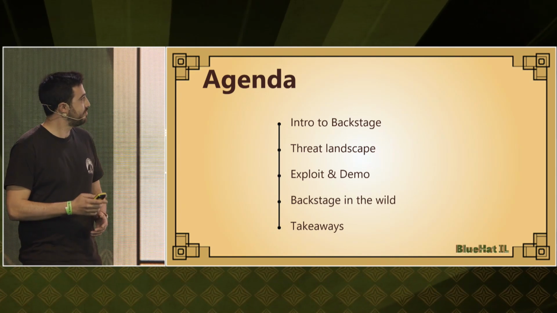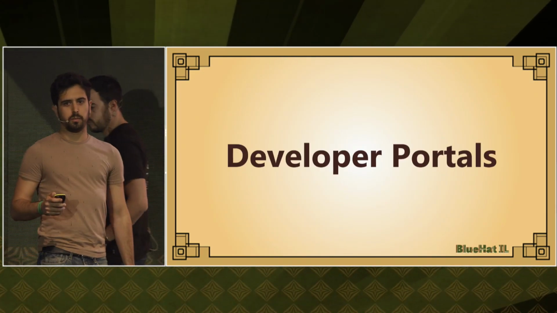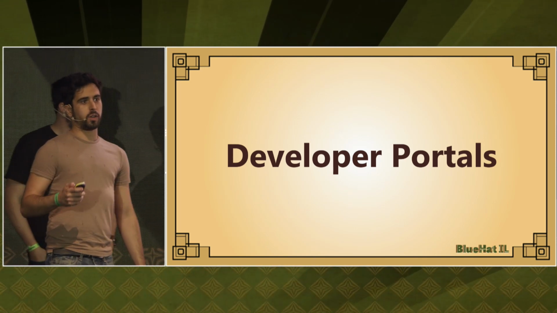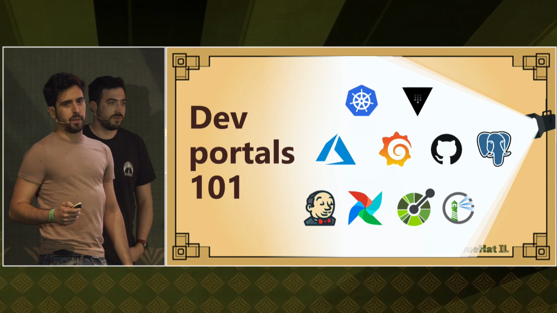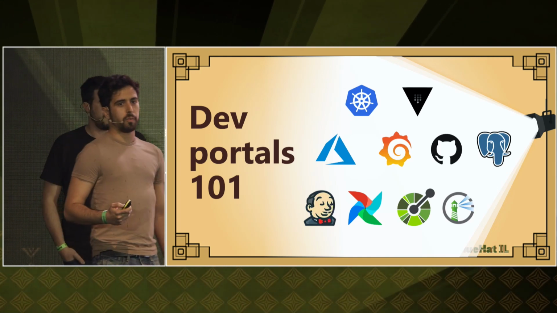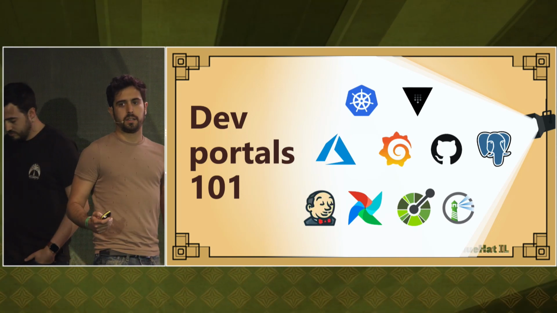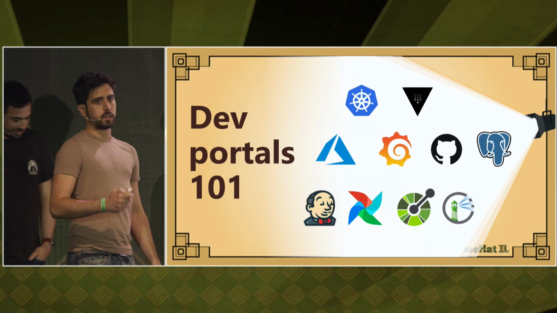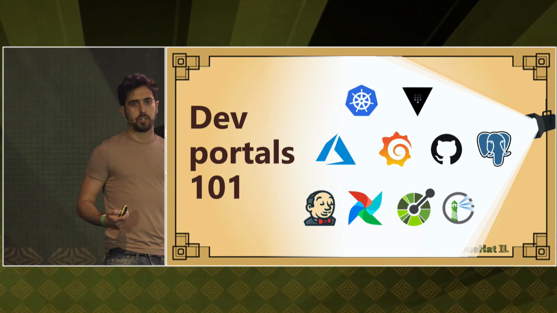So stay tuned. Before we deep dive into the vulnerability, let's first talk about developer portals. Imagine developers. These days, they don't just write code. They are also making trips to their cloud provider console, troubleshooting Kubernetes, managing security and compliance, not to mention hunting down documentation.